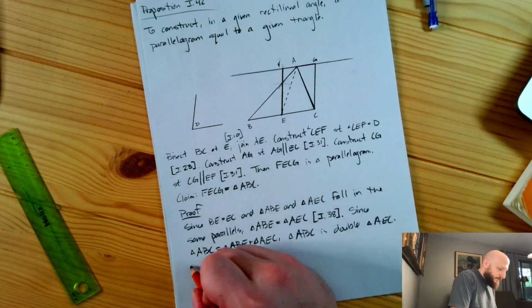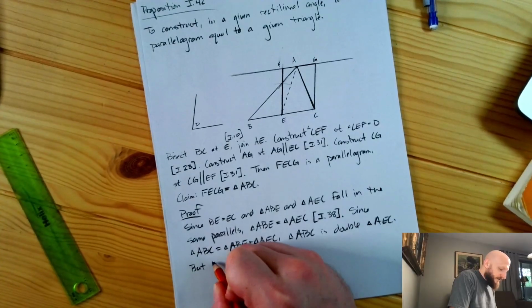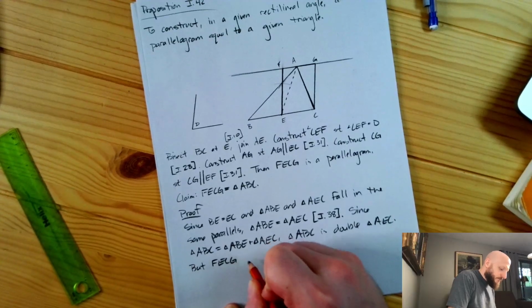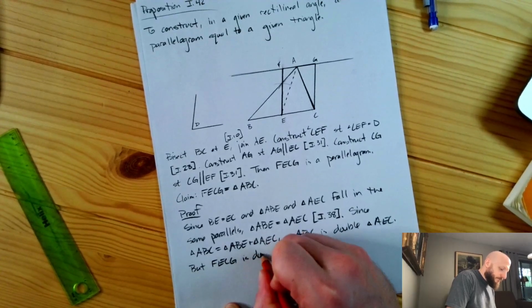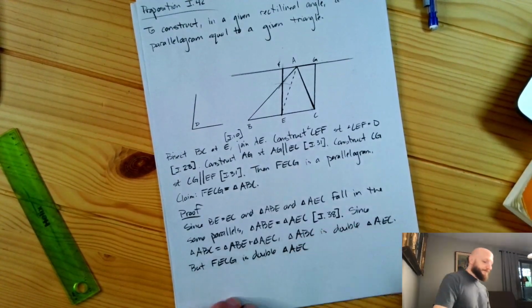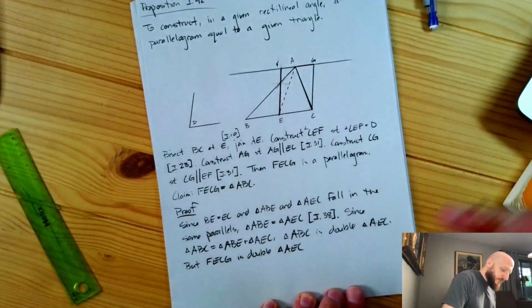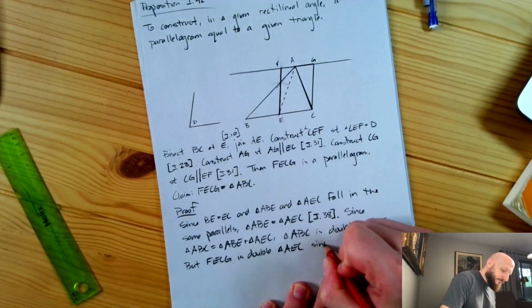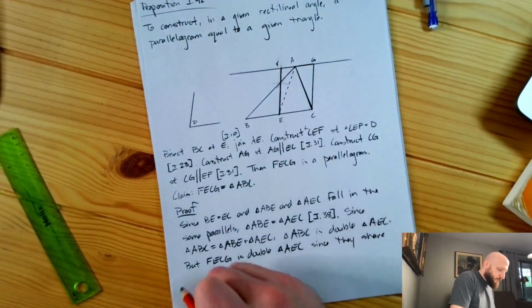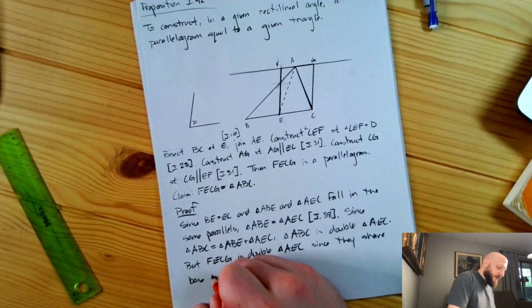But parallelogram FECG is double triangle AEC, since they share a base and fall in the same parallels.